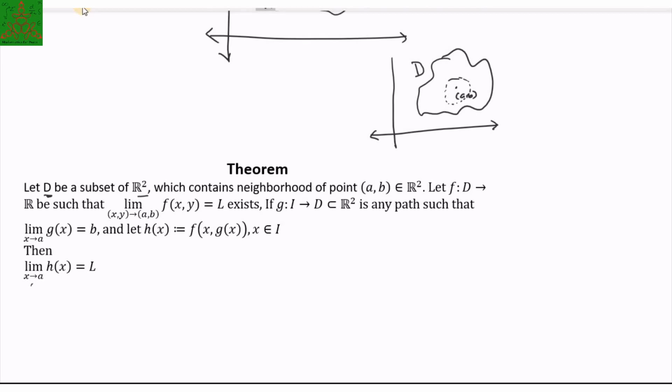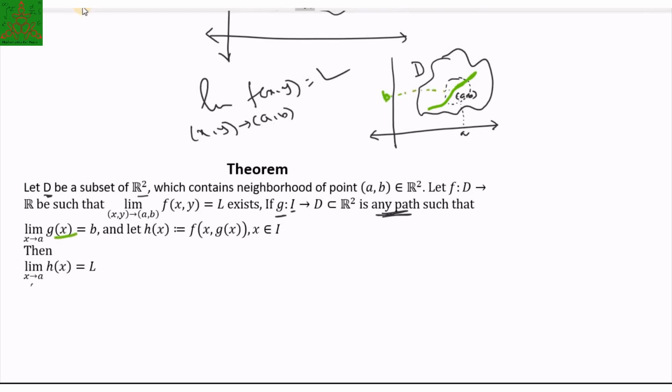Let f be a function defined over D to R such that the limit of f(x,y) is equal to L as (x,y) tends to (a,b) exists. If you have a function g defined on some interval I to D, that means it is any path, such that the limit of this function g at the point A is B, you can choose any path passing through this point, and the limit of this function will be B, which is here.